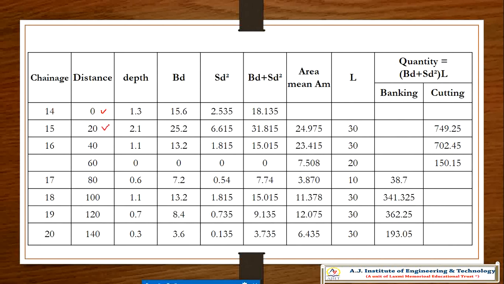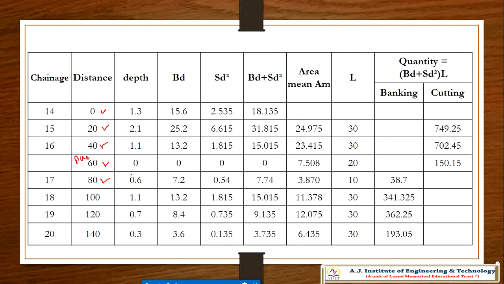The distances are 0, 20, 40, 60. Why are we taking 60? In the same chainage we have taken it. This is passing, meaning there is no distance. Okay, let it be, no problem.